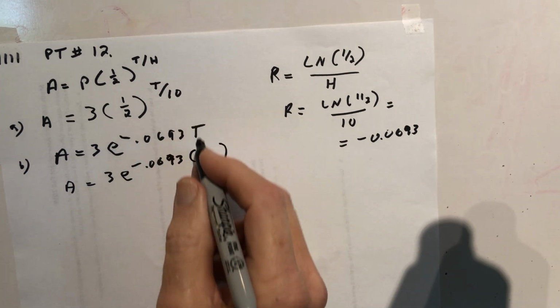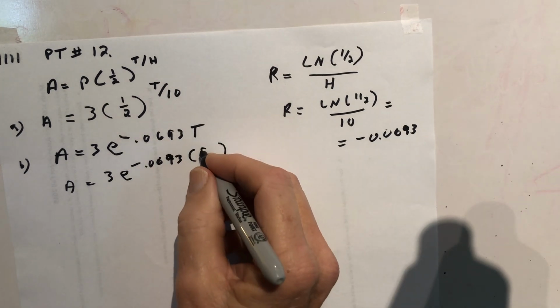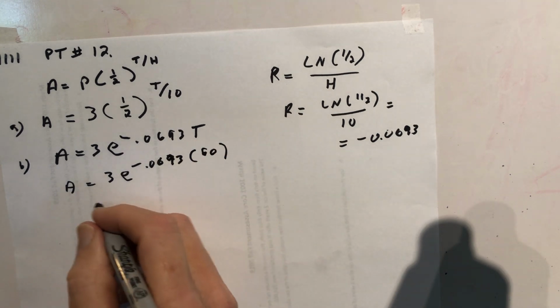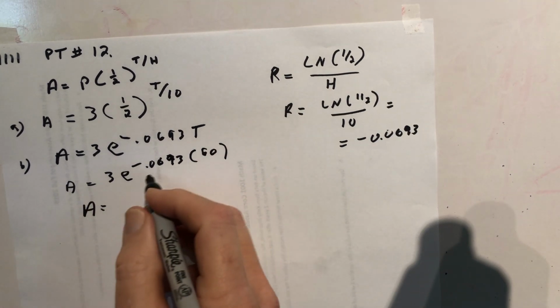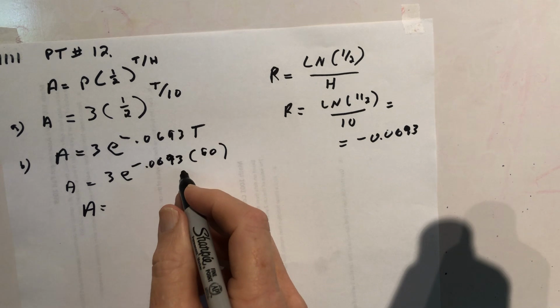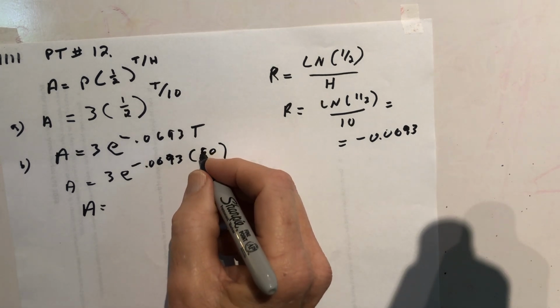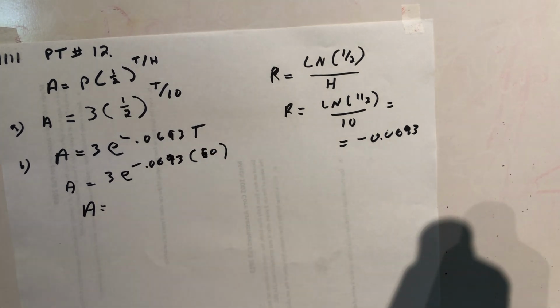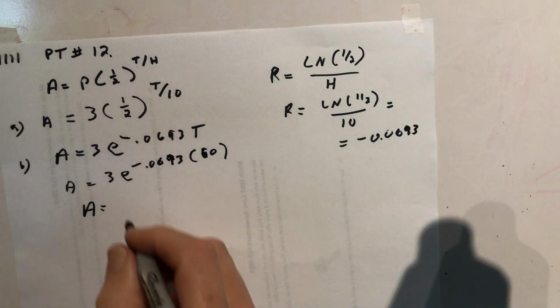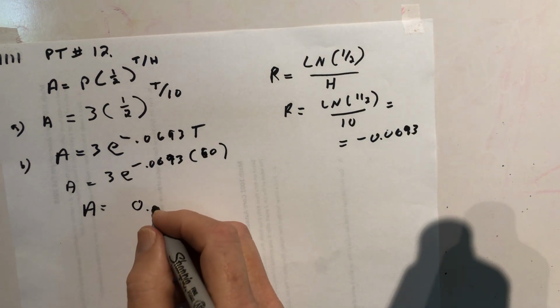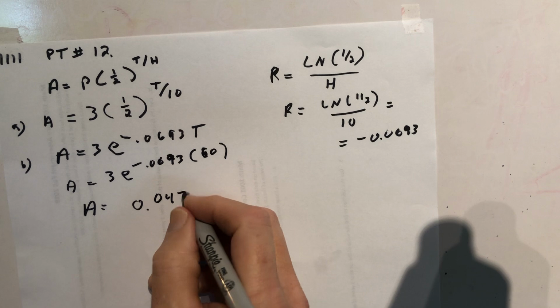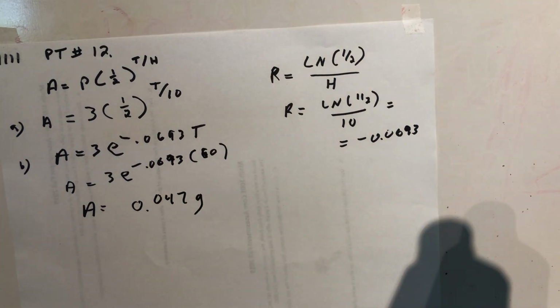This was 10 seconds. They said 1 minute, so you got to change it to 60 seconds. Do that on your calculator. Negative 0.0693 times 60. And I got 0.047 grams. Went from 3 grams down to less than half a gram.